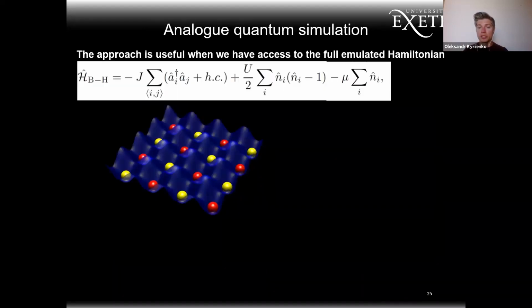If I go to an example of a many-body Hamiltonian, let's say for materials science, the first good example is the Bose-Hubbard model. We have bosons hopping on the lattice that interact with some nonlinear Kerr-type interaction.